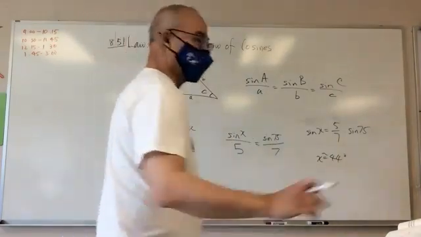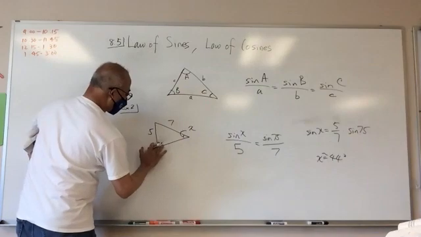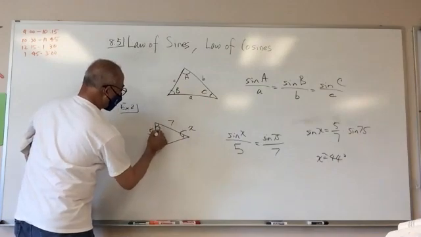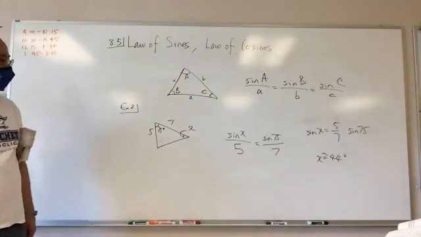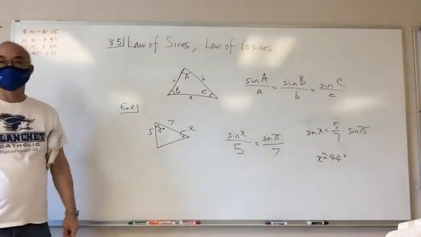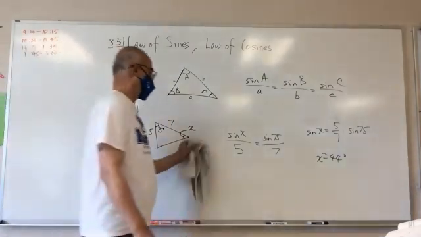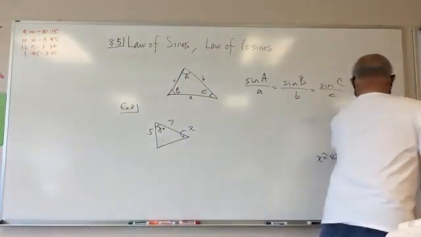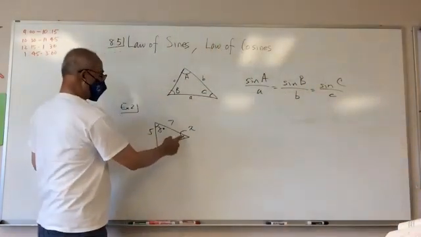So here's the question. What if I gave you not this, but this triangle? How would you find x? Now I know the opposite over here.